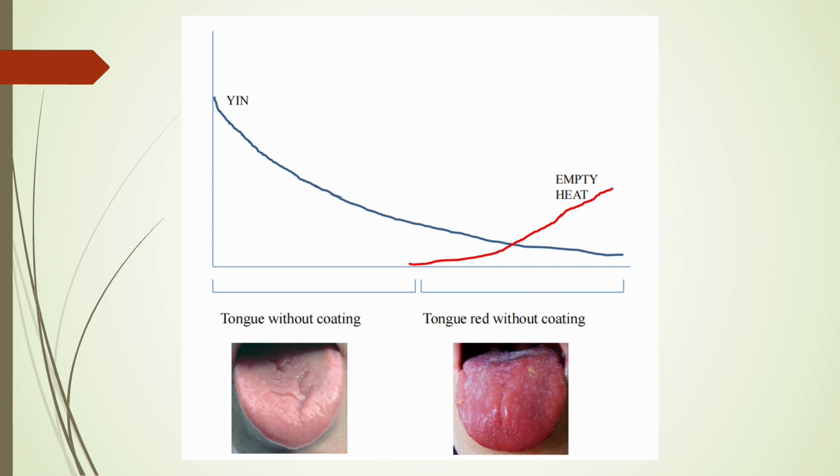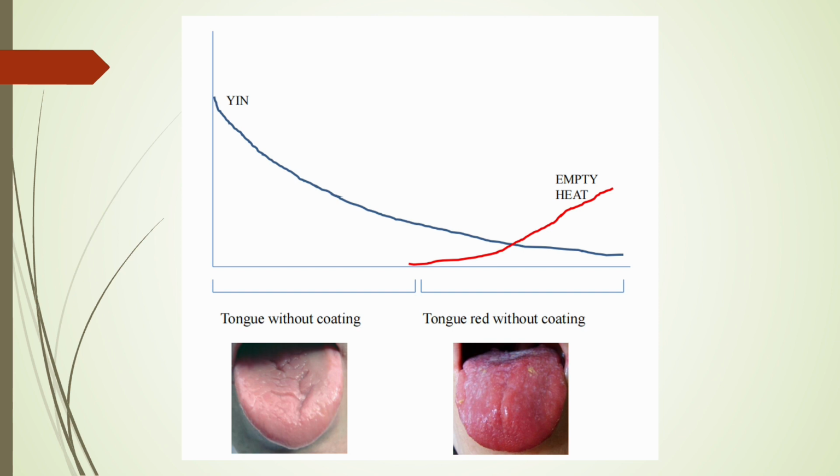As yin deficiency aggravates with time, empty heat may develop and this turns the tongue red. Therefore, empty heat on the tongue is manifested by a red body color together with the absence of coating. One often hears that in yin deficiency, the tongue is red, a statement that is tempting to make since in yang deficiency, the tongue is pale.